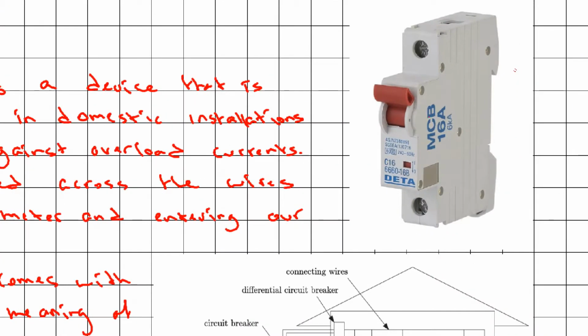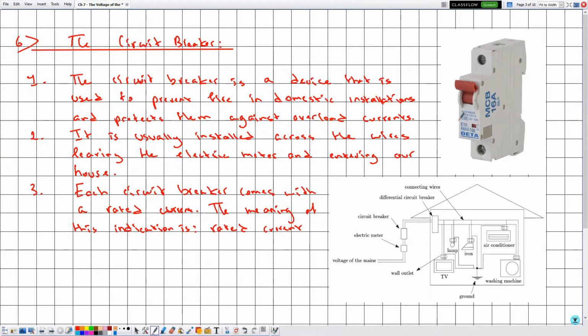So in this case, this is the rated current which is here. This is 16 amperes. Rated current of the circuit breaker under which it protects the circuit.